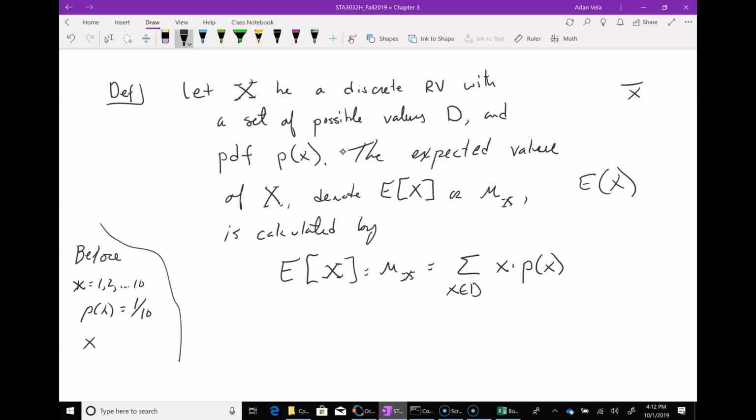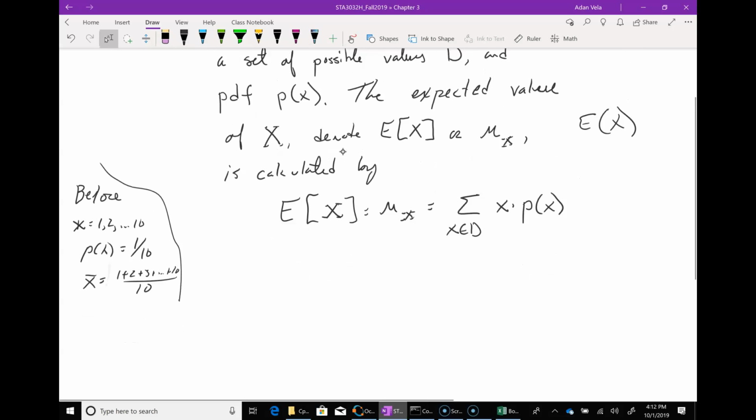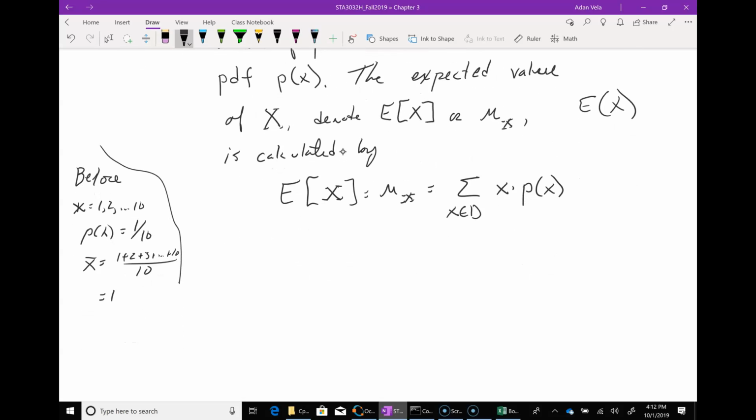So if I wanted to know what the average was, I would add 1 plus 2 plus 3 plus ... all the way to 10, and I'm summing over 10, okay? That's actually the same thing as saying 1 times 1/10 plus 2 times 1/10 plus 10 times 1/10, okay?